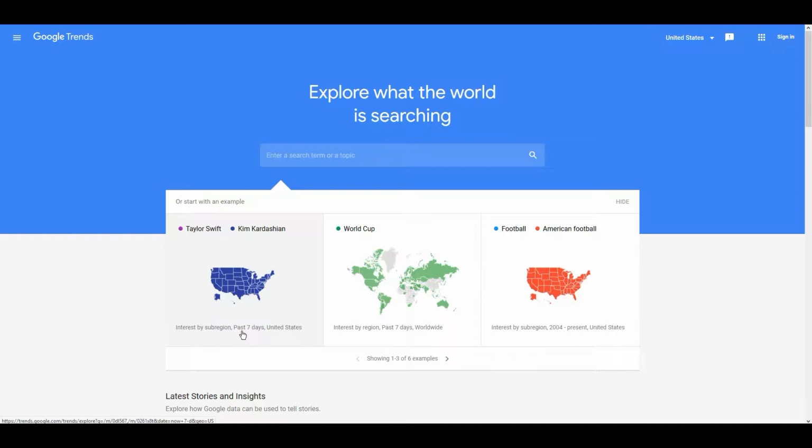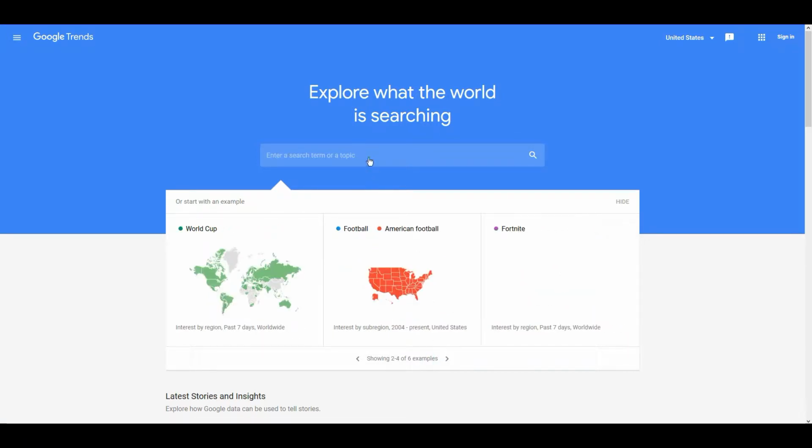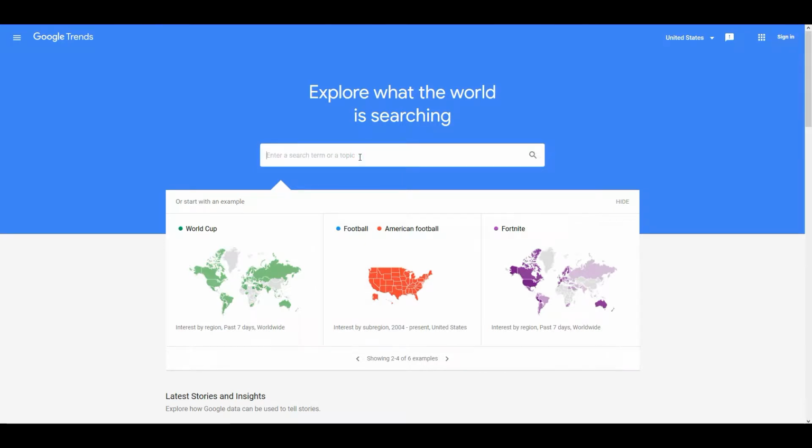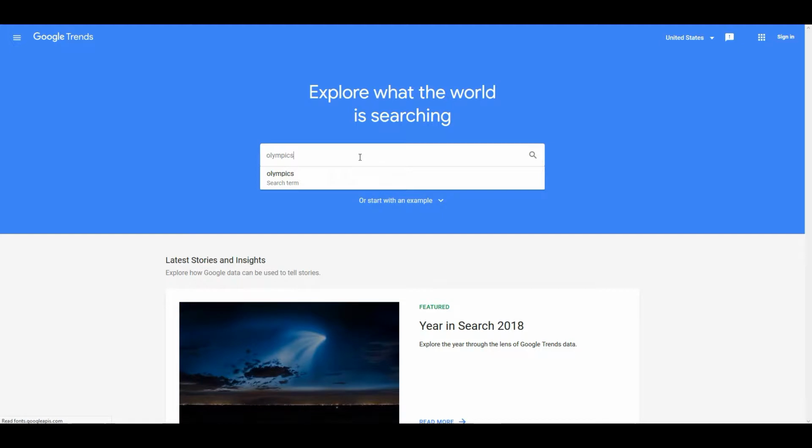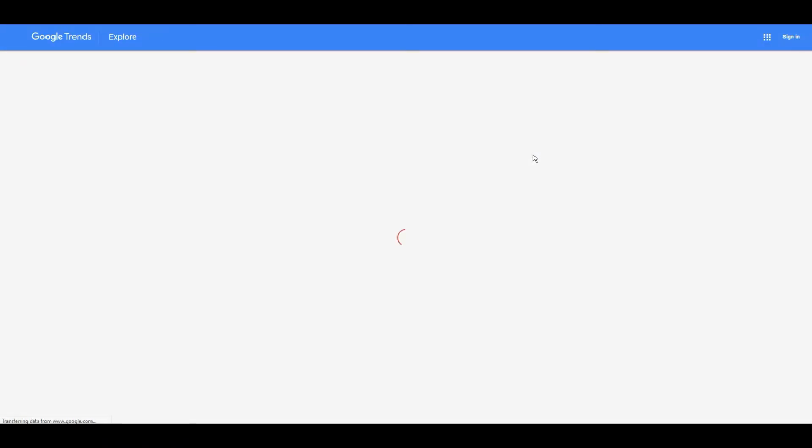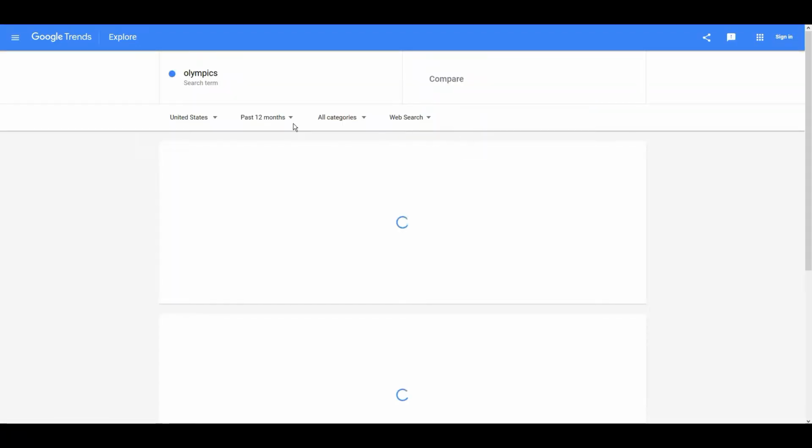So you can see the interest based on where this interest is coming from over a certain time frame, right? So we have interest by regions for past 7 days. These different terms. We'll look at some more of the examples. All right, so if I go here and I look for Olympics, I'm gonna search for Olympics, and I'm gonna be able to see the trends for that search term over time.